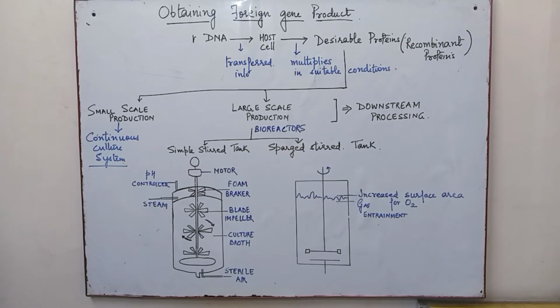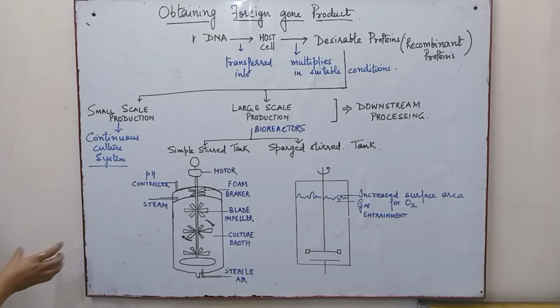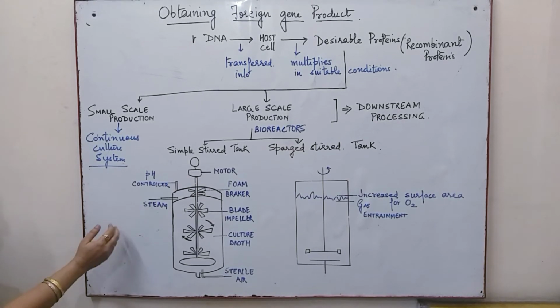In this method, the medium which is being used to allow the host to multiply is drained out from one side of the culture vessel. That means there is continuous removal of the medium and the fresh medium is added from the other side. Whatever medium the culture has been growing on is removed from one side and the fresh medium is allowed to enter.